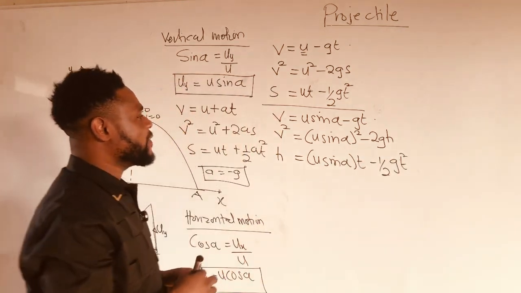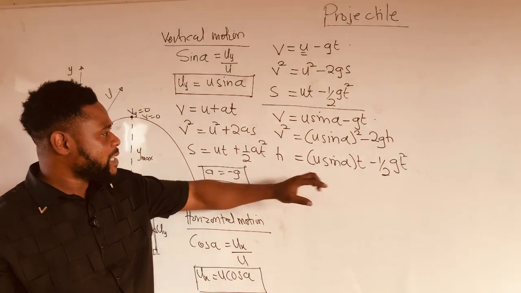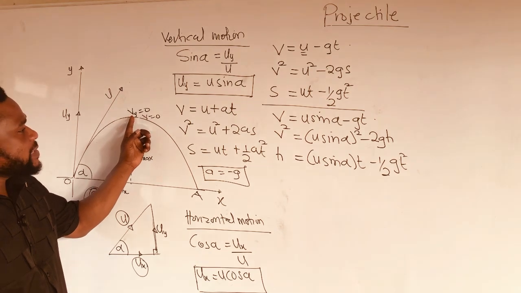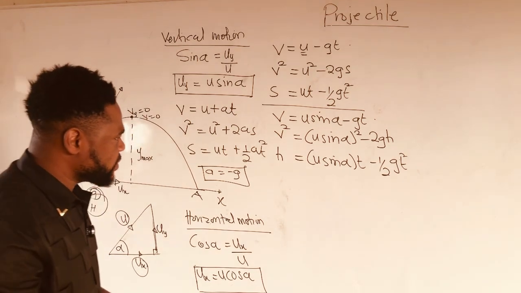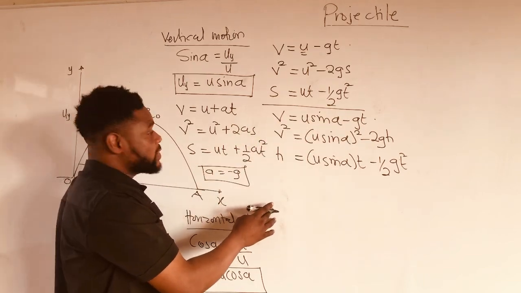So we can have these formulas here for projectile, but we stated already that at the maximum height, final velocity is 0. So let us pick this and see what we can deduce.